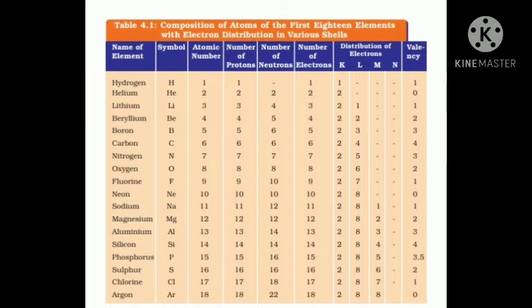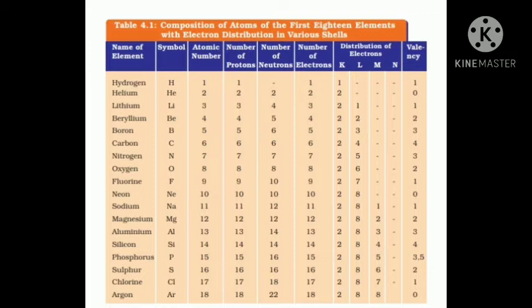Chlorine, Cl, atomic number 17, so protons and electrons are 17. Number of neutrons 18. Distribution of electrons K, L and M are 2, 8 and 7 respectively. 7 in the outermost shell, so that is the valence electron. The shell is called the valence shell. 8 minus 7 equal to 1.